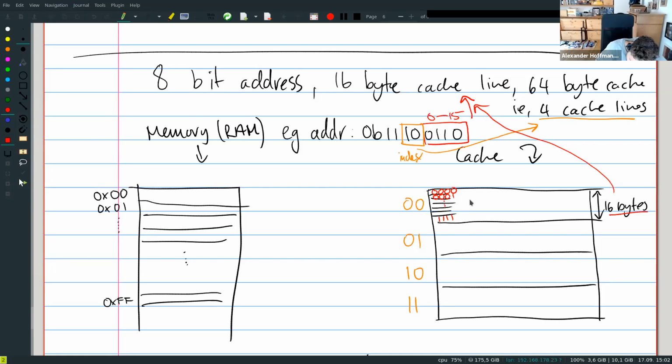So these are the offsets of each byte. That's how we have our 16 offsets within each cache line, and we have 4 cache lines because we have 2 bits representing our index.